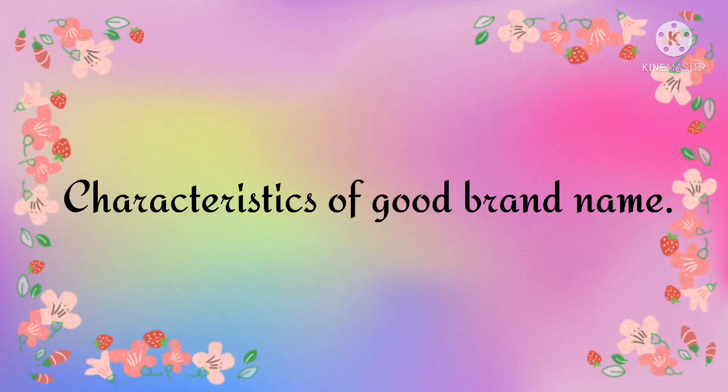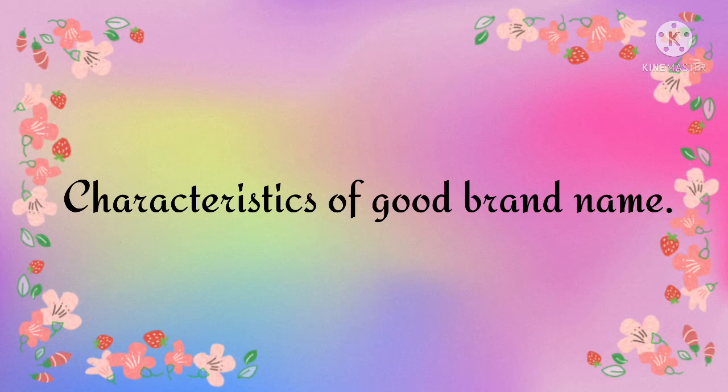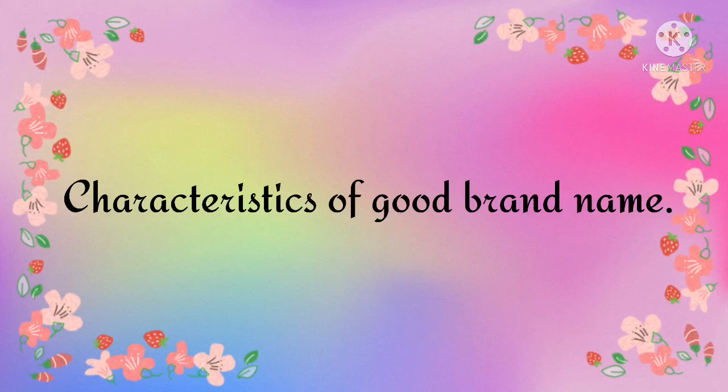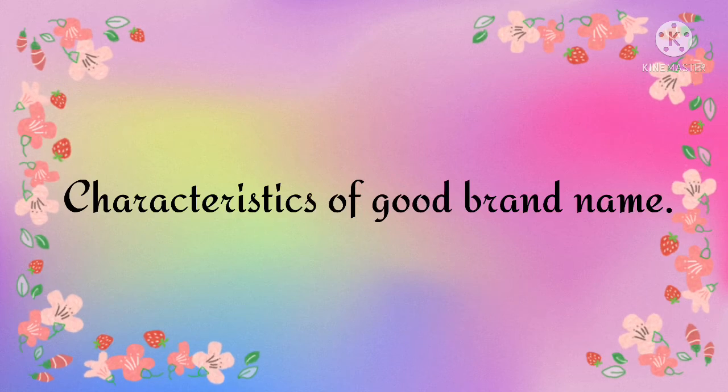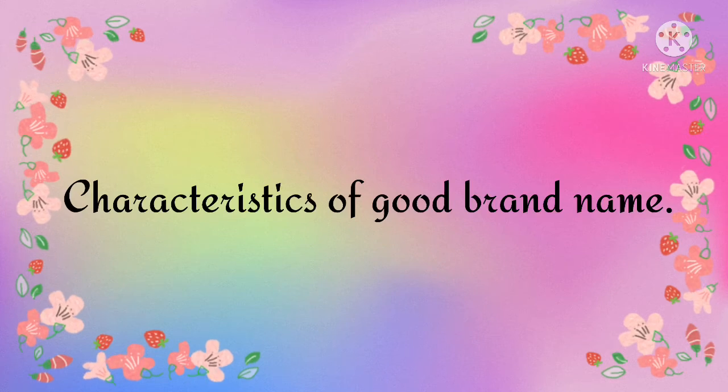And the next is the brand name should be sufficiently versatile to accommodate new products which are added to the products line. For example, Maggi, Colgate. Next is the brand name should be adaptable to packaging or labeling requirements and to differentiate, like the advertising media, to different languages.